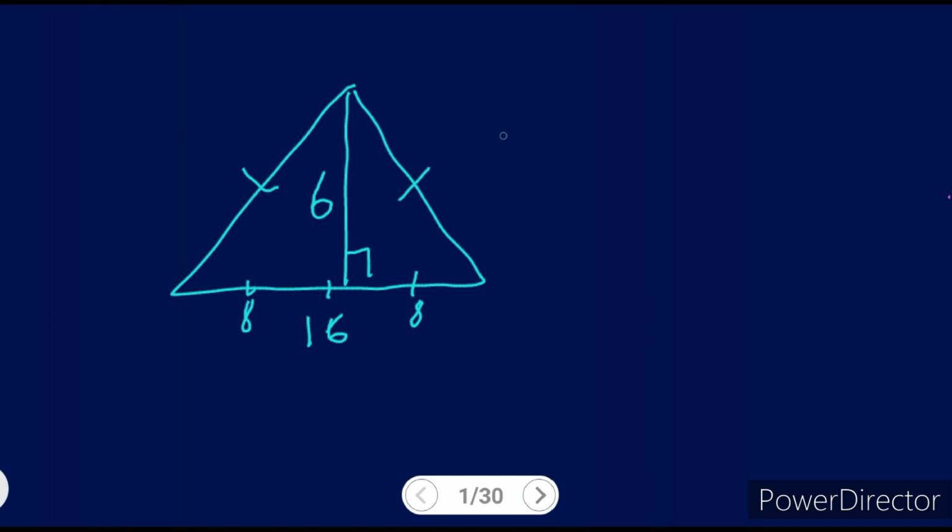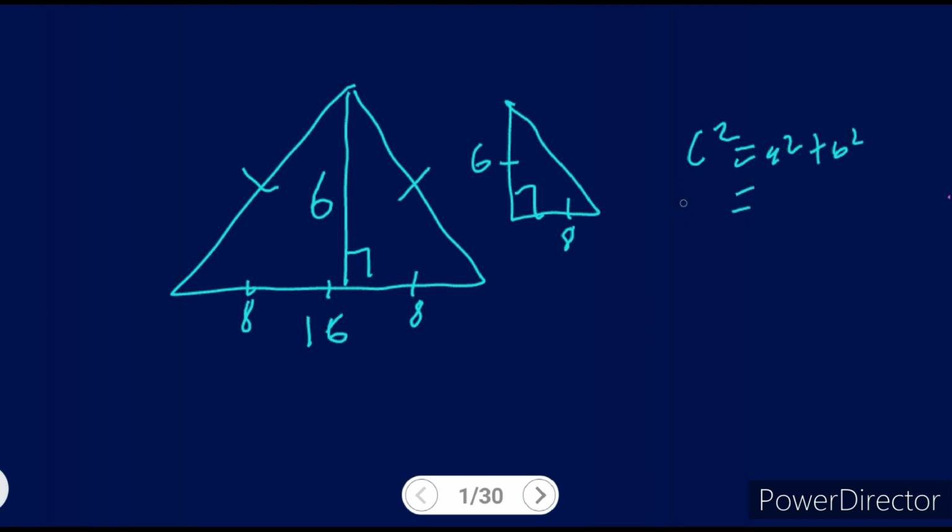So we can use Pythagoras theorem, and this is going to be 8, and this is going to be 6. So we can find the hypotenuse. c squared is equal to a squared plus b squared, so c squared equals 6 squared plus 8 squared, which is 36 plus 64, and this gives us 100.